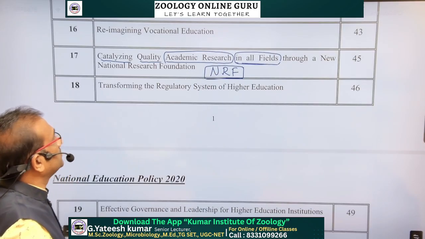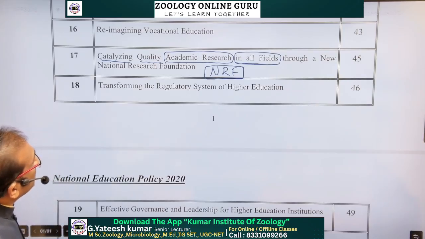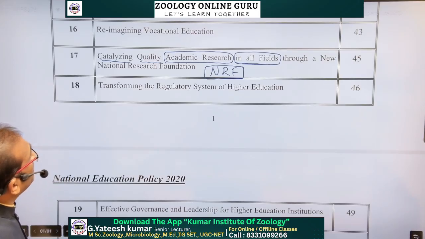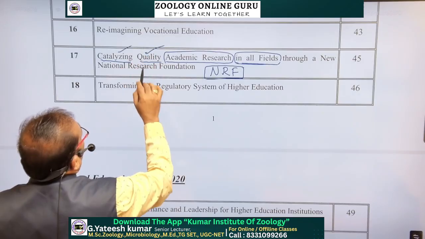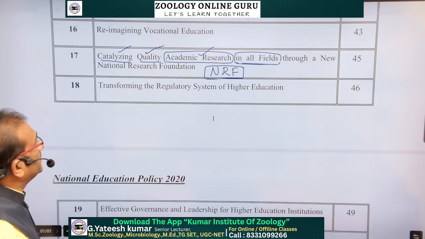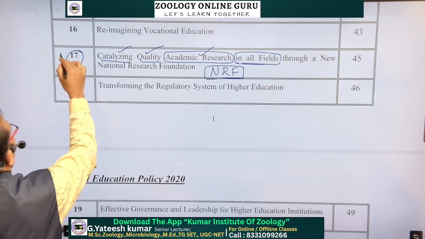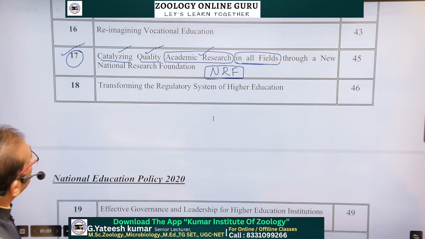What is NRF? That is called the National Research Foundation, created to catalyze and improve the quality of academic research in all fields. So NRF, National Research Foundation, is present in chapter 17, most important.